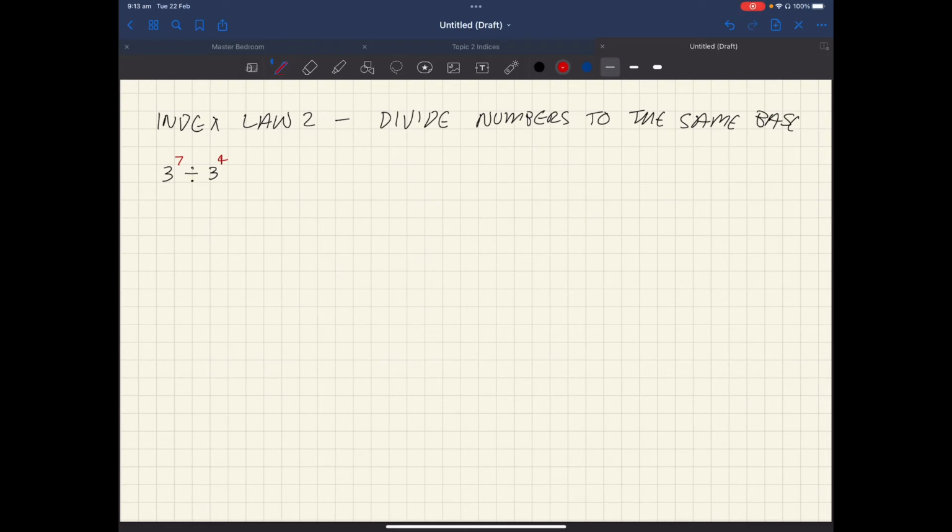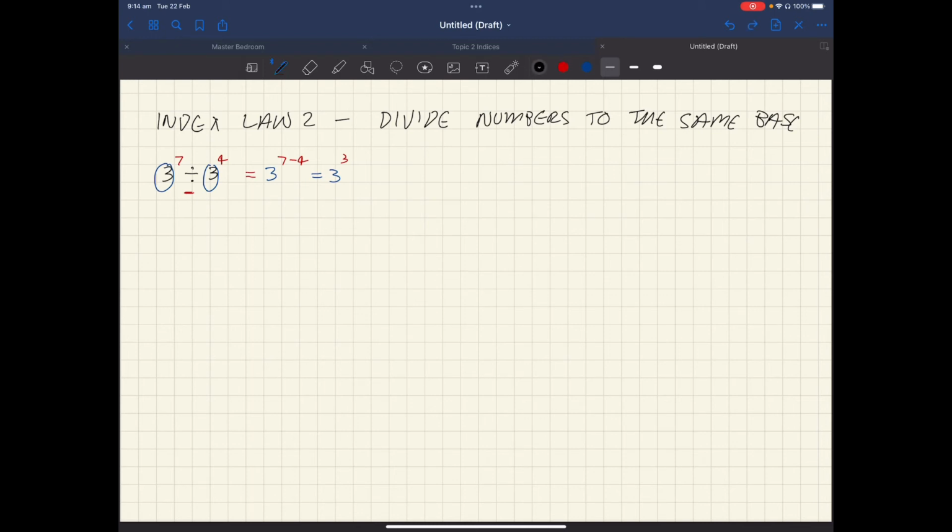If I was to work this out, I would look at it and say they are both to the same base, 3. So what I then do is I subtract their indices. Their indices were 7 and 4. I'm subtracting them because we are dividing. 7 minus 4. This will give me 3 to the power of 7 minus 4, which is 3 to the power of 3. And there is my answer.